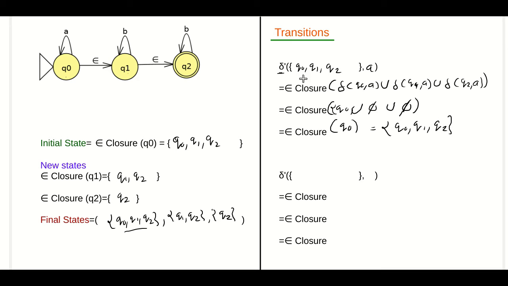So from the state Q0, Q1, Q2 on the symbol A, it goes to the same state itself.